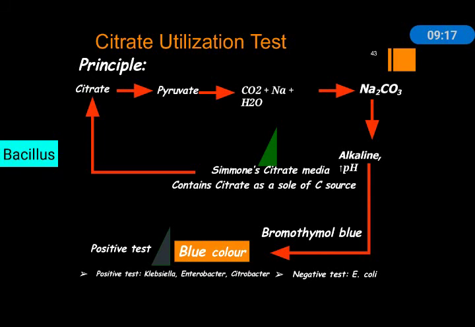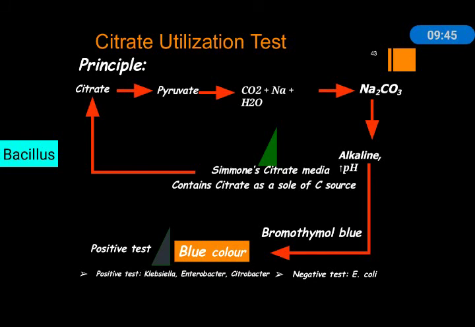So the principle: citrate is converted to pyruvate, and the pyruvate to CO2 and sodium. Sodium and carbon dioxide join and form sodium bicarbonate, which is a basic, alkaline compound, so the pH is increased.